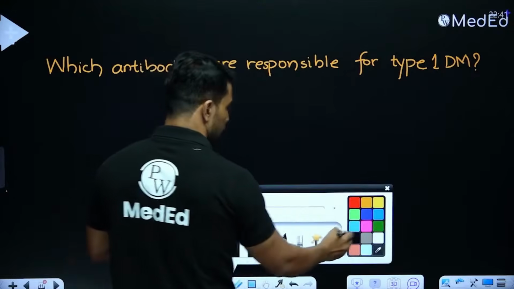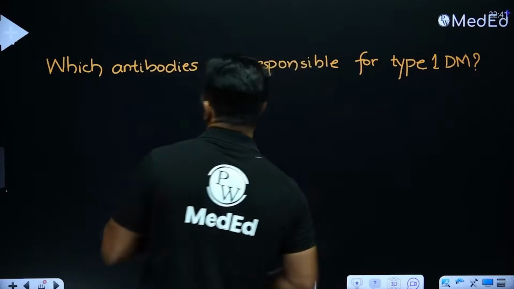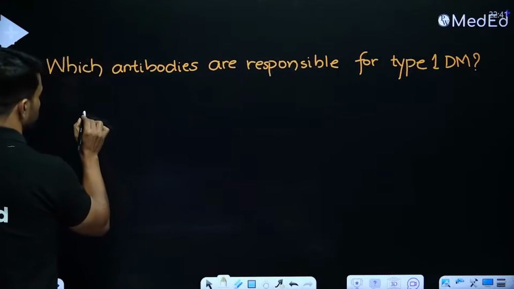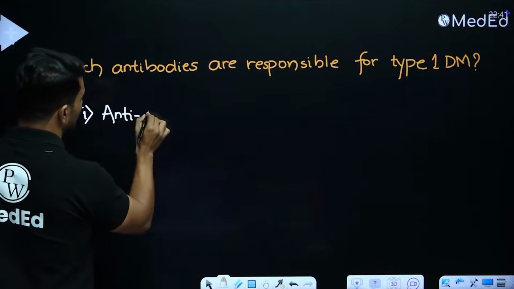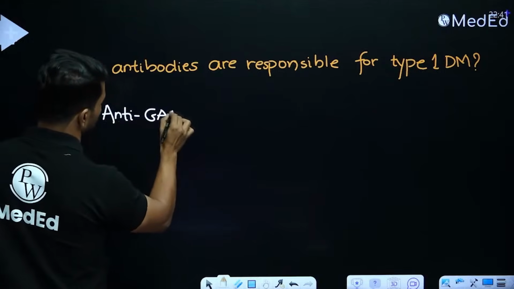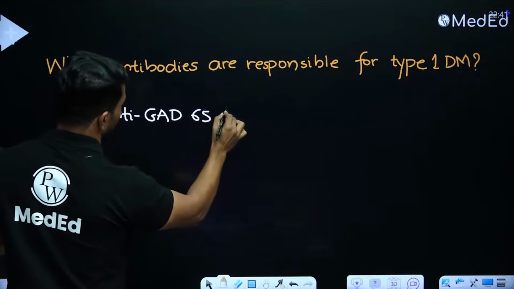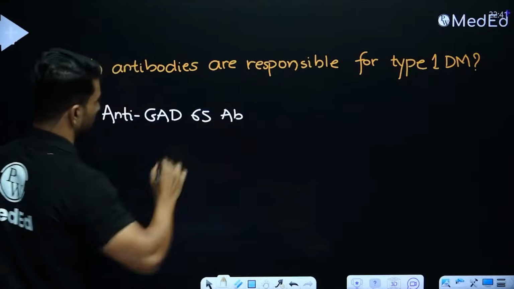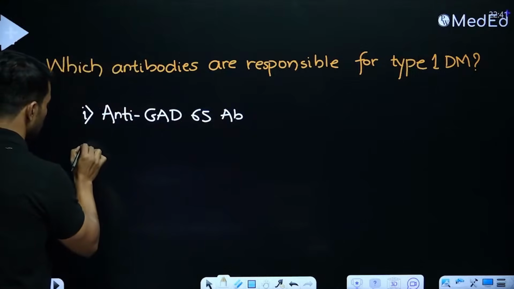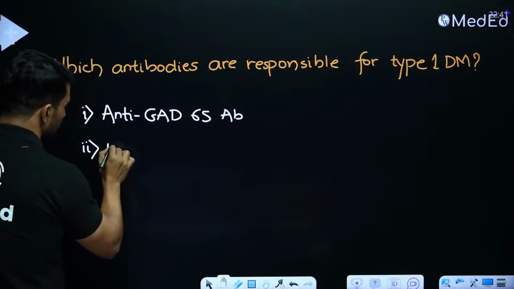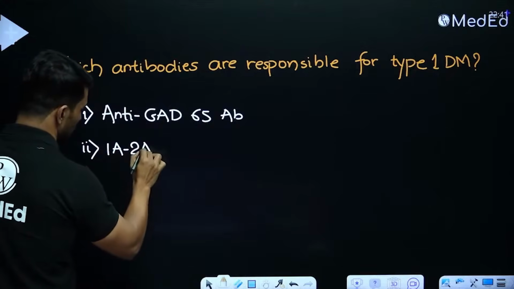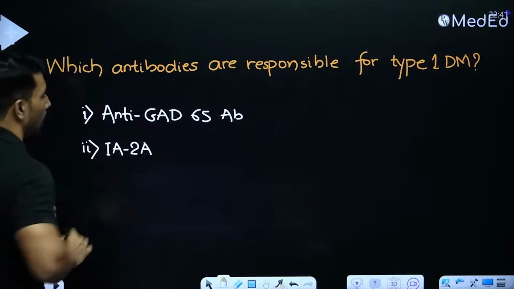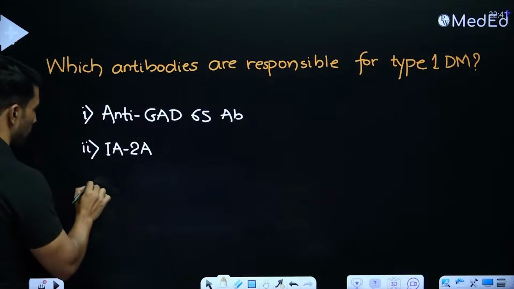So what are those? The first antibody that we need to remember is anti-glutamic acid decarboxylase 65 antibodies, anti-GAD 65 antibodies. The second one is insulinoma associated antigen 2 antibody, IA2A.